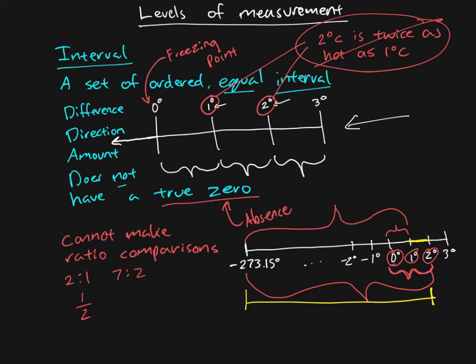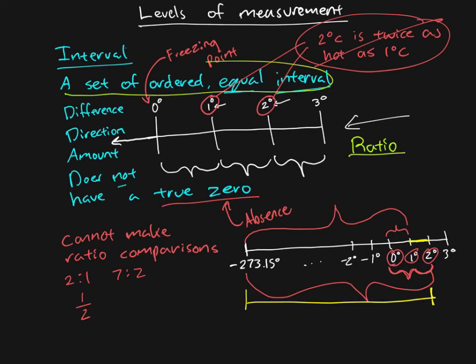Now, I'm running out of space here and also out of time, but I'm going to try to cram in a quick description of the last scale because it's almost exactly the same as intervals, so I need almost no space to talk about this. The last type of scale is called a ratio scale. This is the last of our 4 levels of measurement. And the ratio scale is exactly the same as an interval scale in the sense that you have a set of ordered equal intervals.